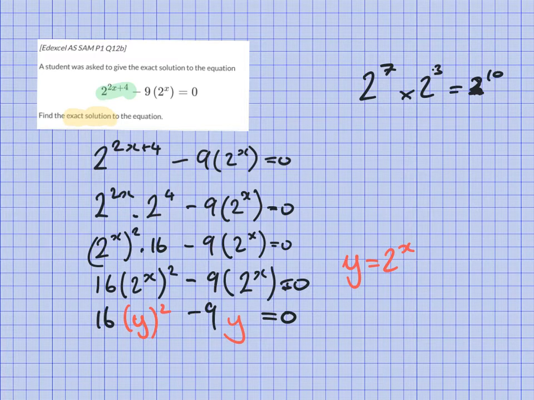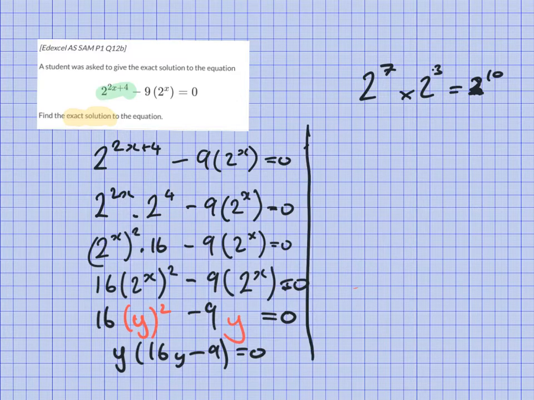Factorize gets me y times (16y minus 9) equals 0. So that gives me either y equals 0 or 16y minus 9 equals 0.